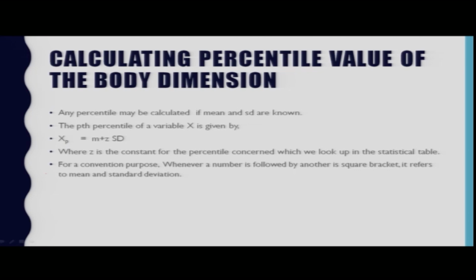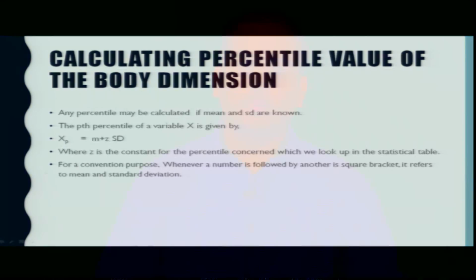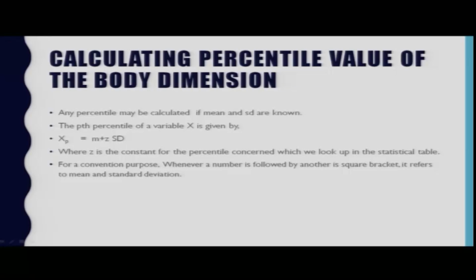Now the next thing we need to learn in this anthropometric analysis is the calculation of percentile. We will learn how to calculate the percentile value of a body dimension. Any percentile may be calculated if the mean and standard deviation are known.